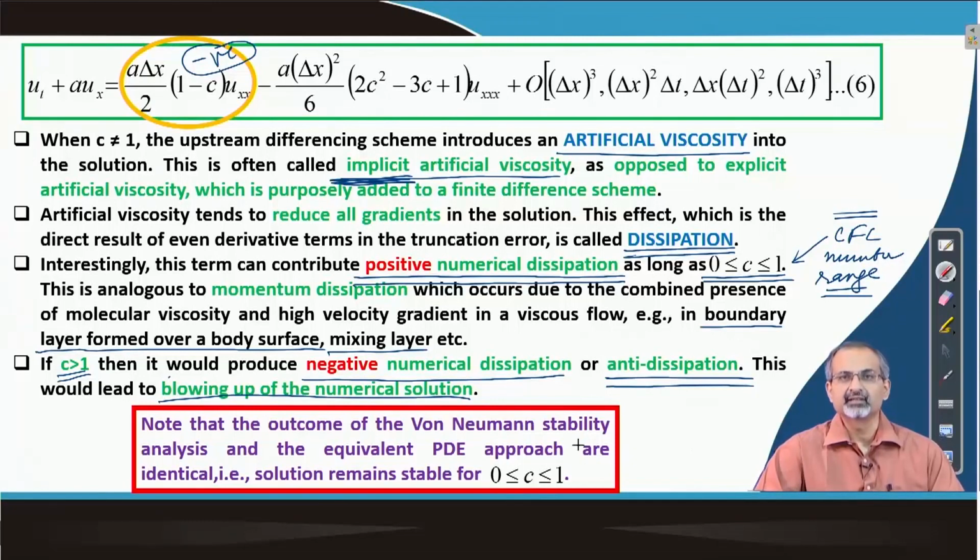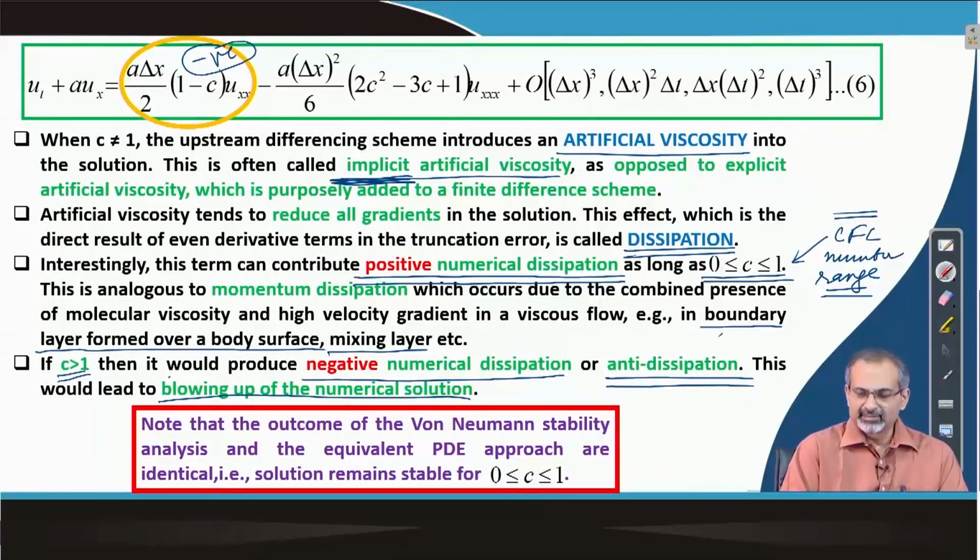The slightest of errors that build up in the solution would get amplified very severely, and gradually the solution will go out of control. So, this is something that one must avoid when one is proposing a numerical scheme to represent the linear wave equation in an approximate manner.